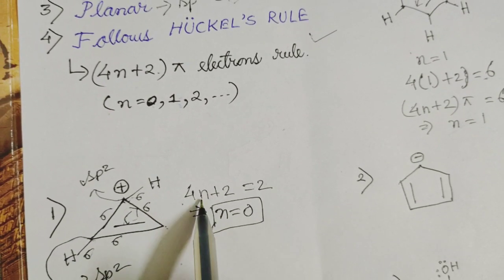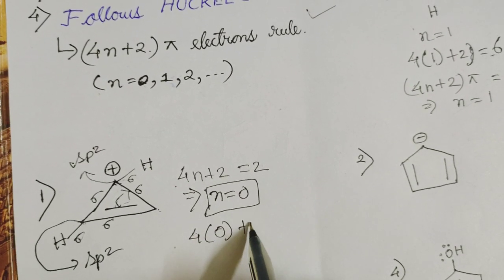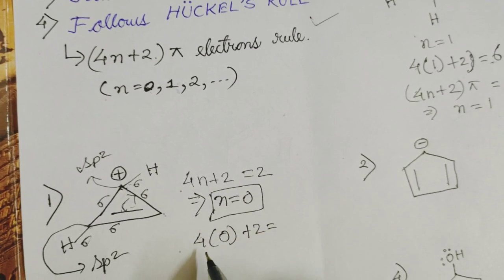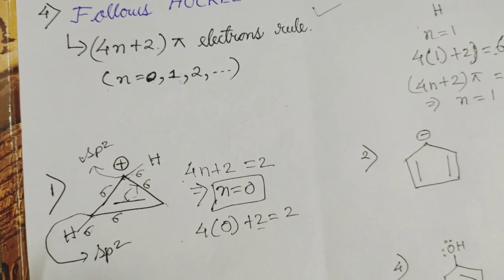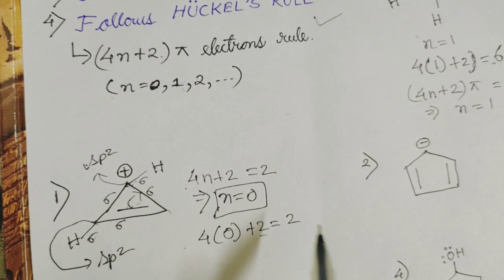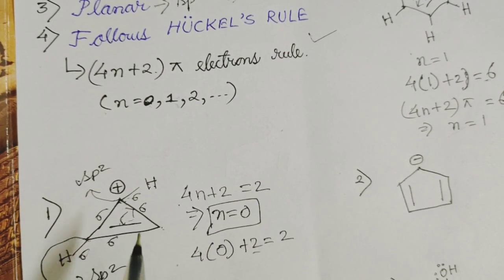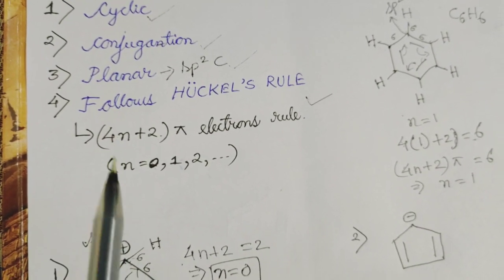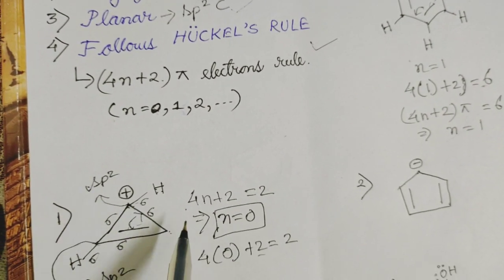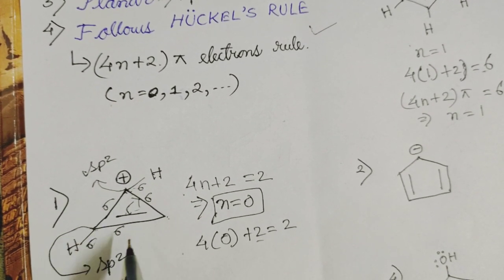Now if we put n equals 0, 4 into 0 plus 2, 4 zeros are 0, and we are left with 2. So yes, 2 pi electrons, hence Huckel's rule is also met. So all the four criteria are met by this compound. So it is an aromatic compound.